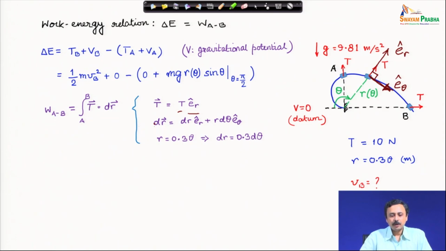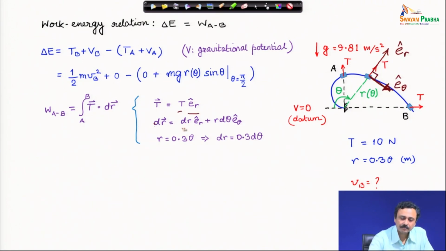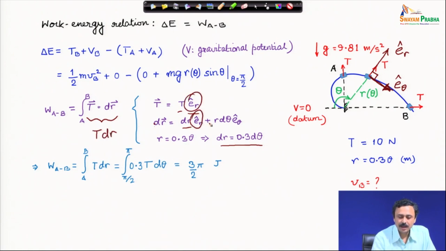Here r for the problem was given as 0.3 times theta. Therefore, dr which I need here is 0.3 d theta. Finally, we calculate the work done as we move from A to B. For the applied force, you can check that this dot product is nothing but T dr, because this is ER and this is ER.